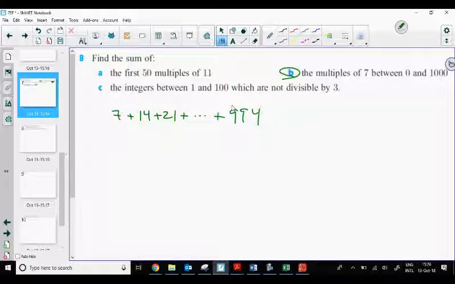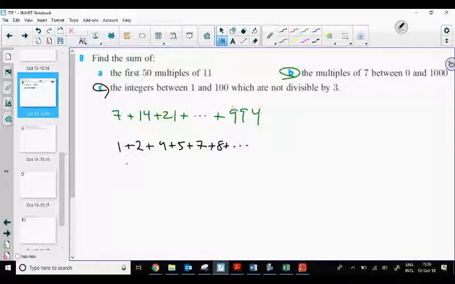If I were thinking about letter C, I would just add one extra step to this. So this one says the ones that are not divisible by 3. So you could do this as 1 plus 2 plus 4 plus 5 plus 7 plus 8 and so on. But that's not arithmetic itself, right? Because we're going up by 1, then 2, then 1, then 2. That's no good. You could do this by breaking this sum into 2.